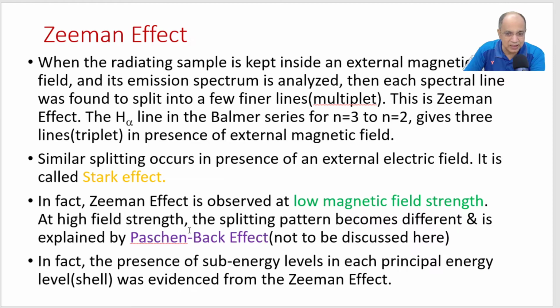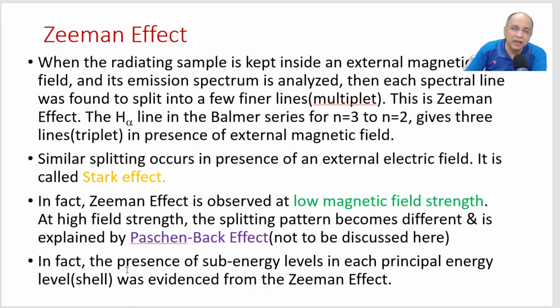In fact, Zeeman effect is observed at low external magnetic field. The magnetic field strength should be low. At high field strength, there is splitting, no doubt, but Zeeman calculations, Zeeman rules that Zeeman has propounded will not be applicable.